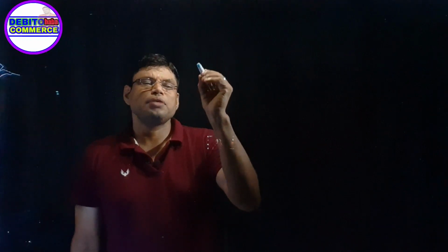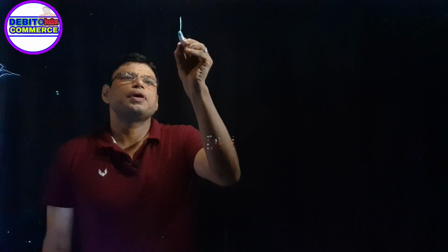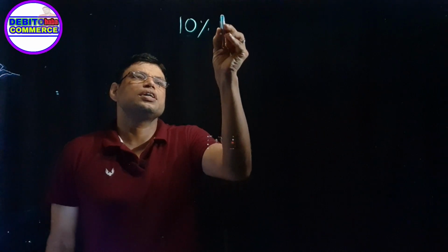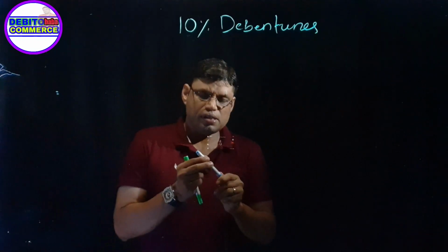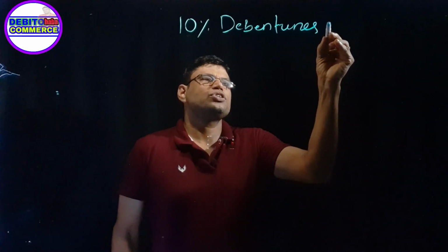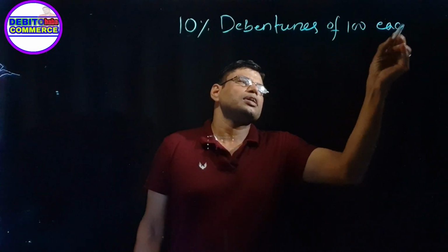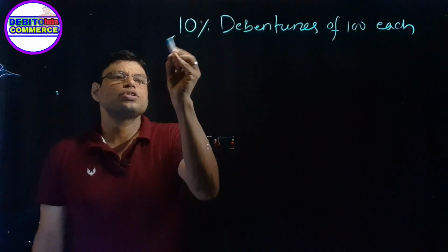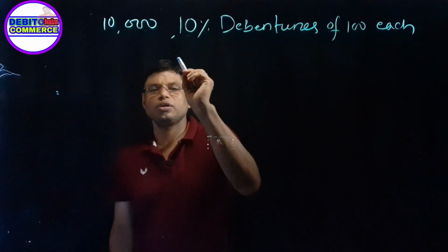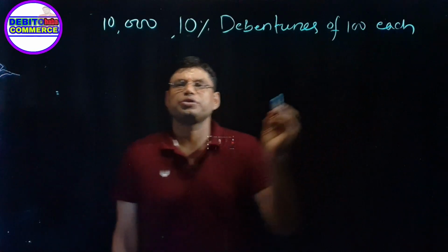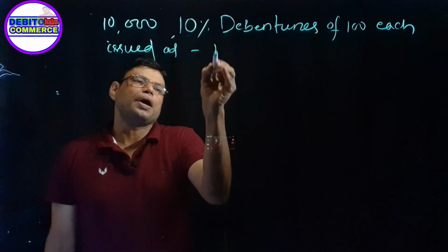See, the statement is like this. You will get it like this: 10,000, 10% debentures of 100 each, issued at par.